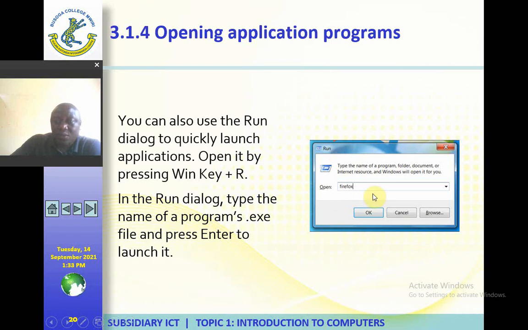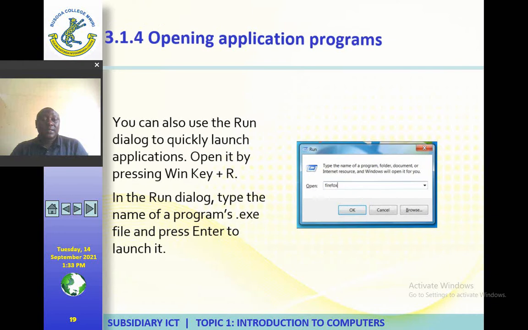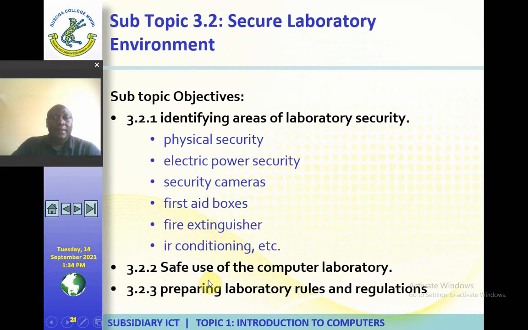When you type the name in the run dialog, like here we've typed Firefox, and then click OK or press enter, it will launch immediately. Those are various ways of opening an application.